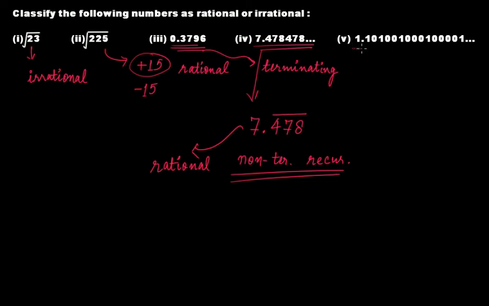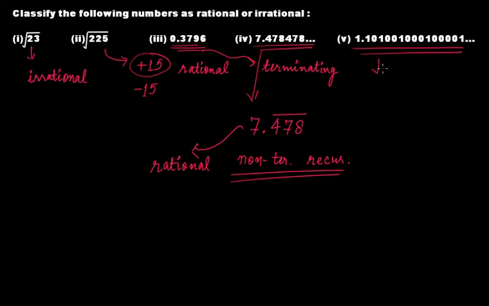What about this one? In this case, this is 1.10, then 100, then 1000, then 100001, and so on. But in this case, we cannot form a particular block that will repeat itself. Here it is 10, but then it is 100, then it is 1000, then it is 1 followed by 4 zeros. So there is no particular repetition of a block.